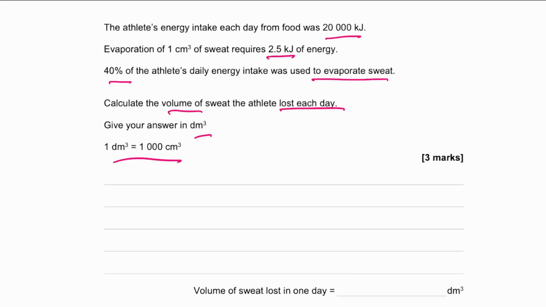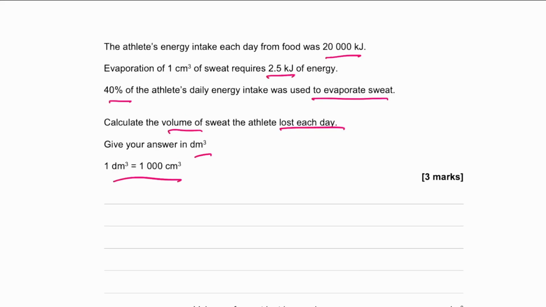Okay, so let's work through this one together then. And the first thing that we want to be able to work out is how much of our athlete's energy was used in basically releasing sweat. So we have the total intake was 20,000 kilojoules. That was our food intake. And the idea is you need to use this as your total.